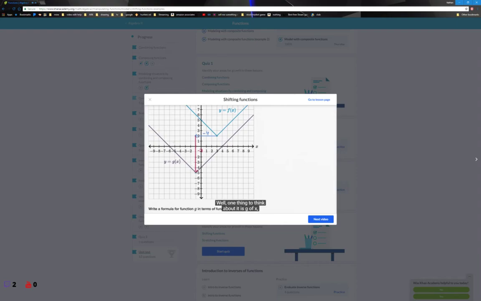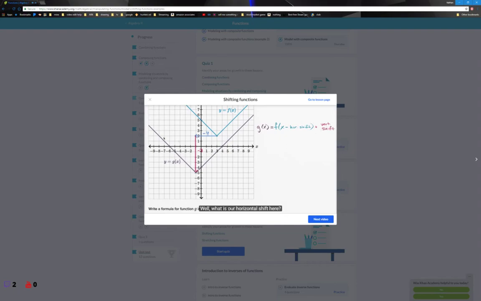Well, one way to think about it is g of x is going to be equal to f of x minus your horizontal shift, so x minus your horizontal shift, plus your vertical shift.